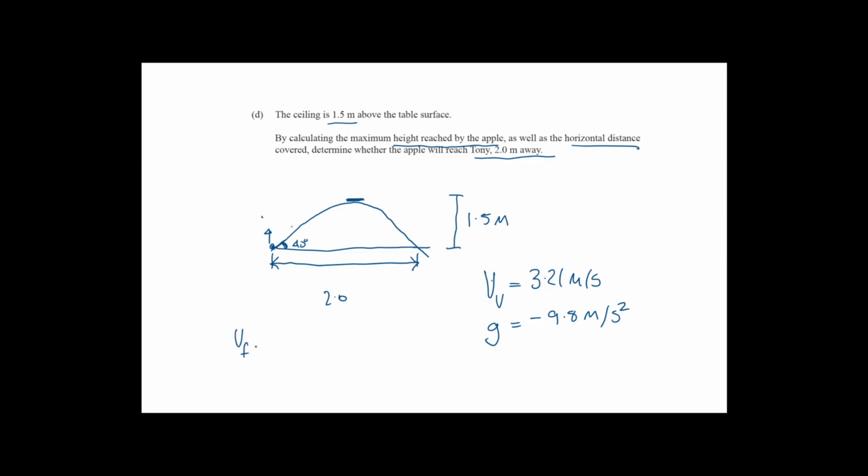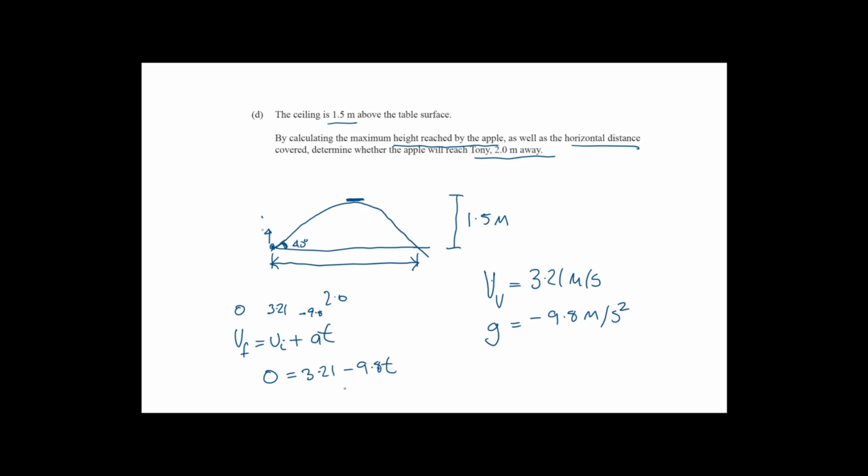The final velocity is the initial velocity plus the acceleration times time. The final velocity at the top is going to be 0. The initial velocity is going to be 3.21, and the acceleration is going to be negative 9.8 meters per second squared. Now we can solve for time. So 0 is equal to 3.21 minus 9.8t.